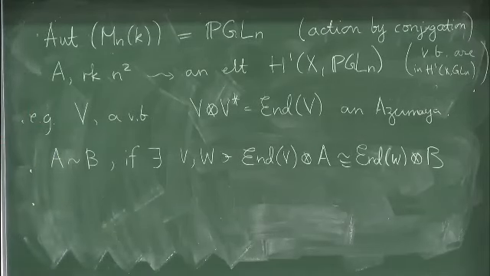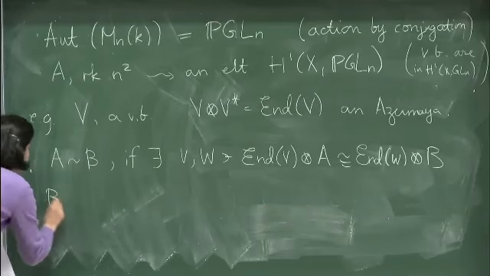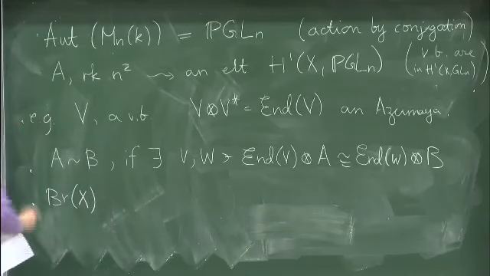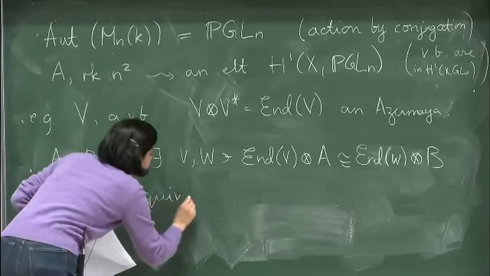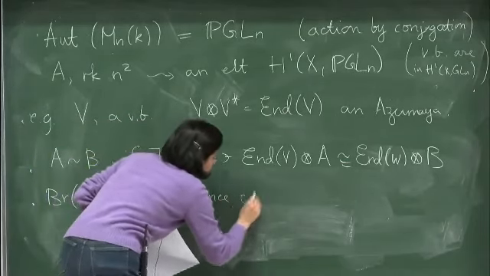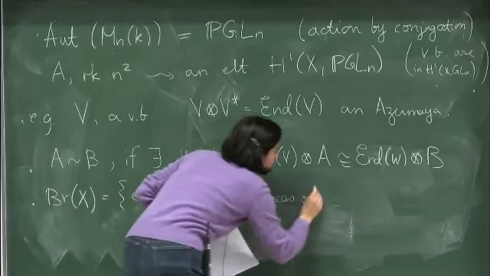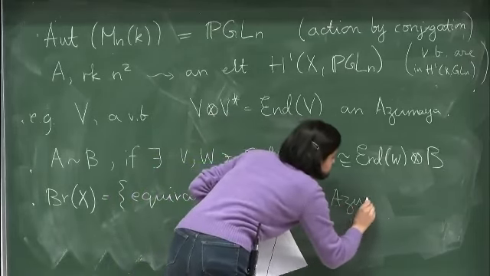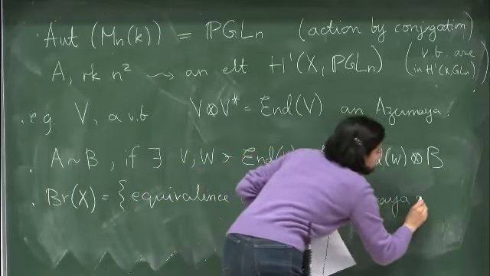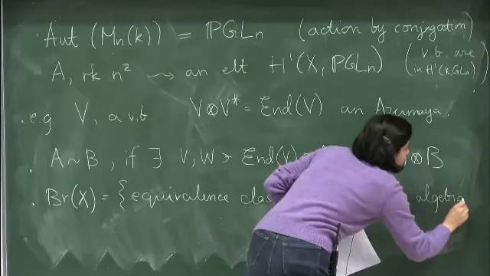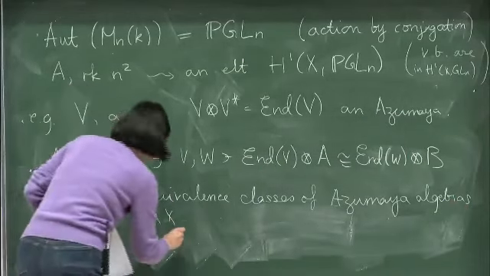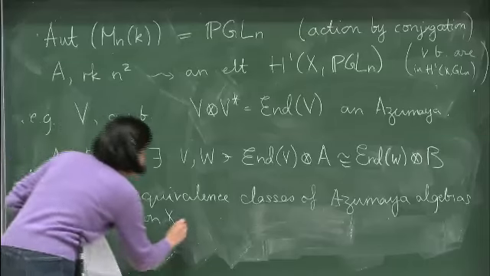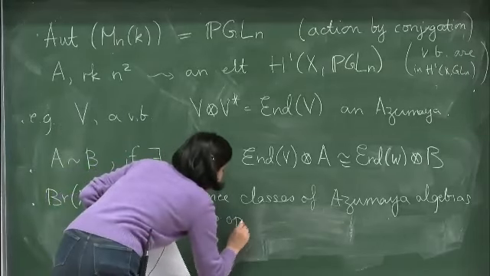Since I'm on a roll with definitions, I might as well define the Brauer group. I might not use it later, but I might. The Brauer group of X is just going to be all equivalence classes of Azumaya algebras on X. It's a group with the group operation being the tensor product.